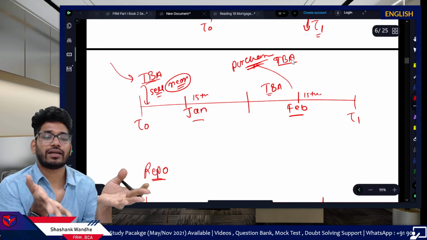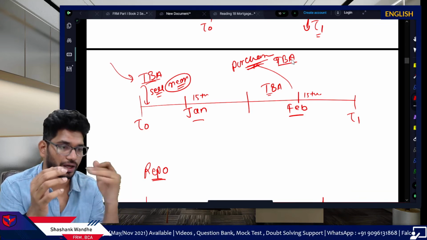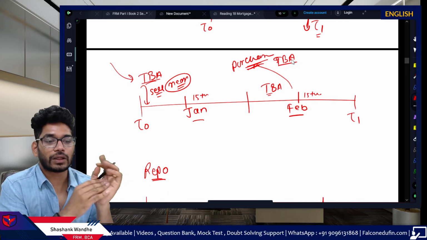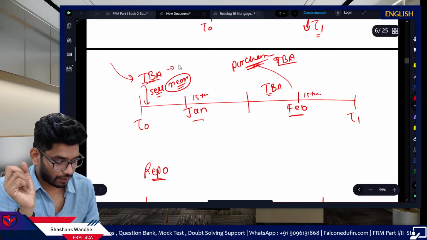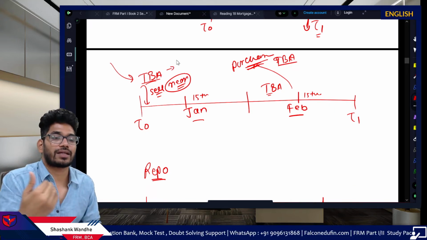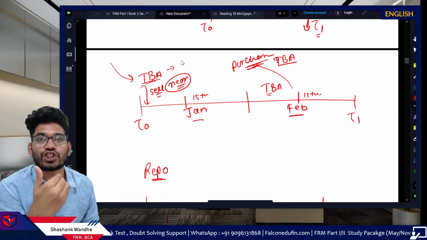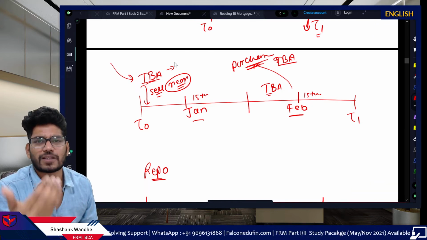So effectively his position is like squared off kind of thing, not exactly squared off, but it is settled, plus and minus type of thing. Okay, but the difference is there is no as such like the higher price or lower price for the TBA. There is no intentional price charging. Okay, because TBA is like there is a fixed price, right?